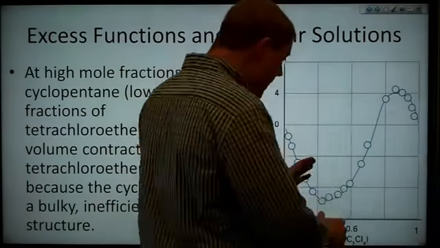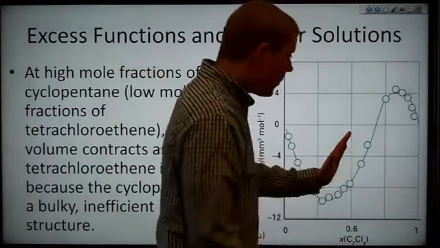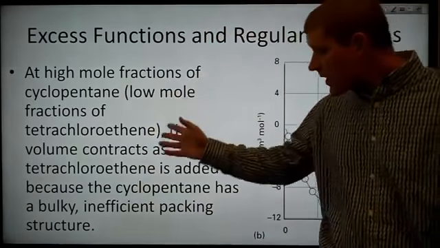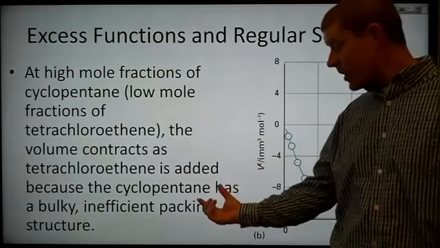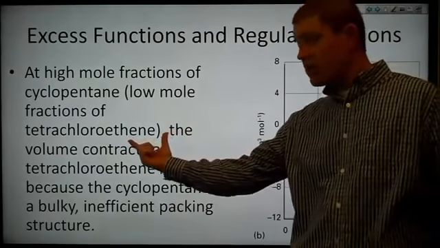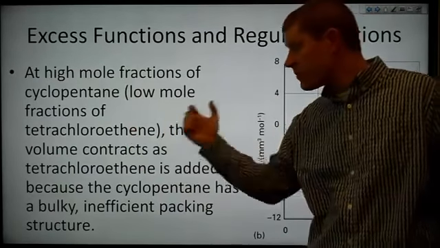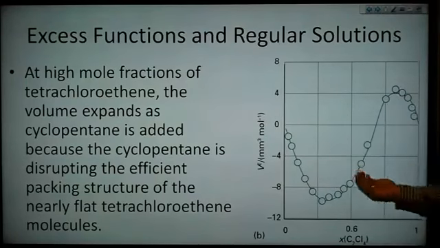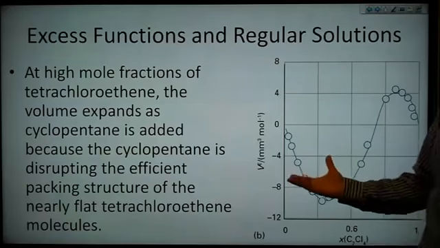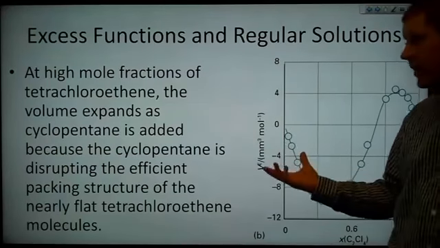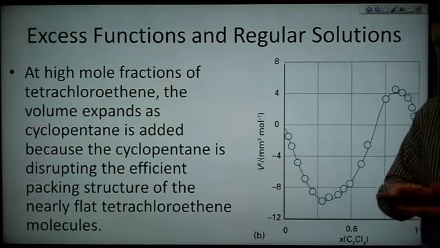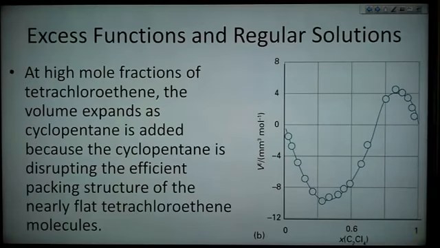But then that means that when we get to the other side, when we get to mostly tetrachloroethene, now we're putting some of our cyclopentane into basically a matrix of tetrachloroethene, and now the volume is going to go up. And so, at our high mole fractions of tetrachloroethene, on the right side, the volume is expanding as the cyclopentane is added, because the cyclopentane is disrupting our efficient packing structure of our mostly flat tetrachloroethene molecules.